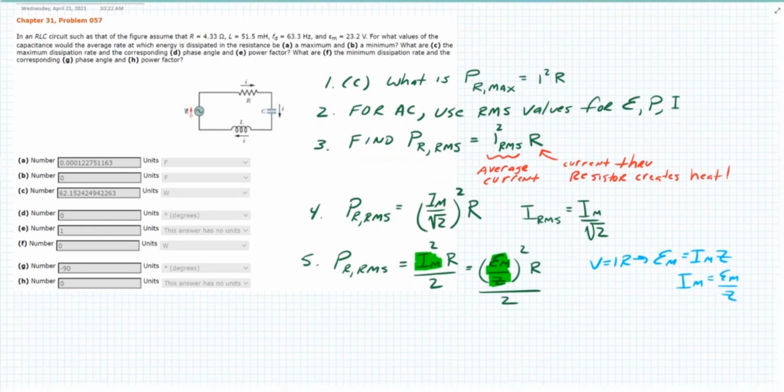Number 6. We have maximum power. Word like this. This maximum power dissipation occurs at resonance.